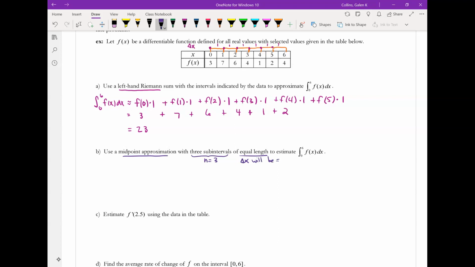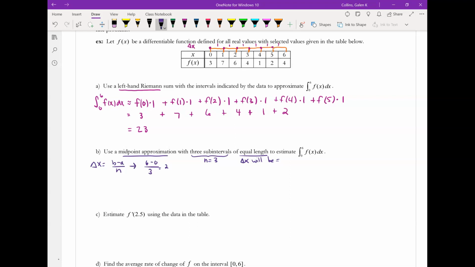So remember that to figure out the length of our subinterval, when we're told to use 3 subintervals of equal length, I'm going to plug in 6 and 0 for b and a respectively, and divide by the number of subintervals. So 6 over 3 is 2. So my delta x for each subinterval will be 2.